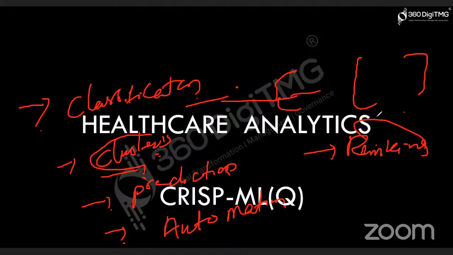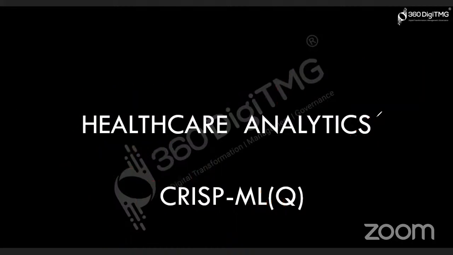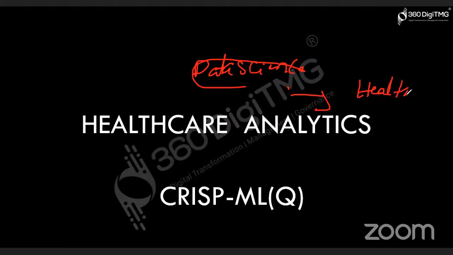In this session, we'll look into how we work on a data science project in healthcare analytics. It's not just for healthcare. It could be any industry. The process of the project that we are doing in data science will be the same.